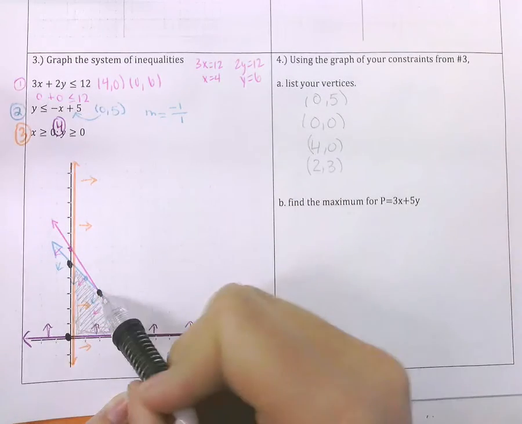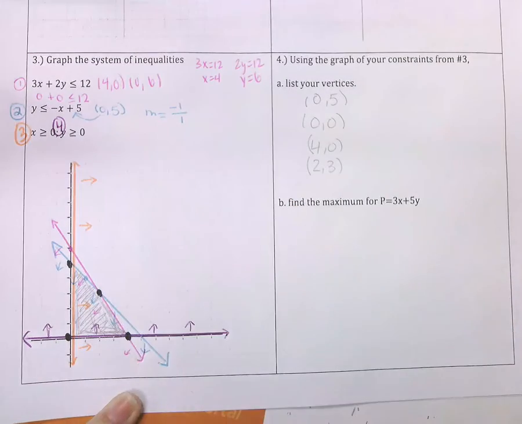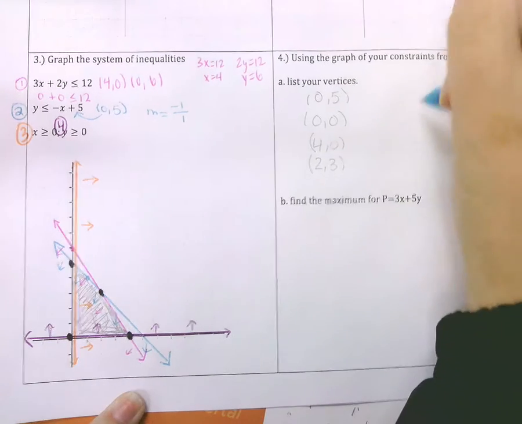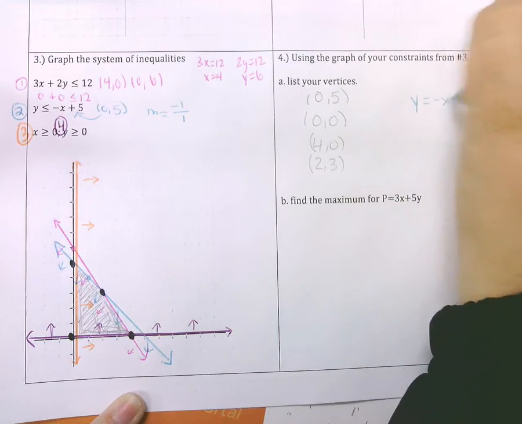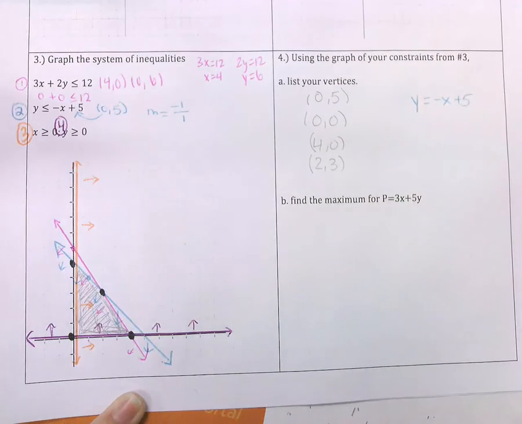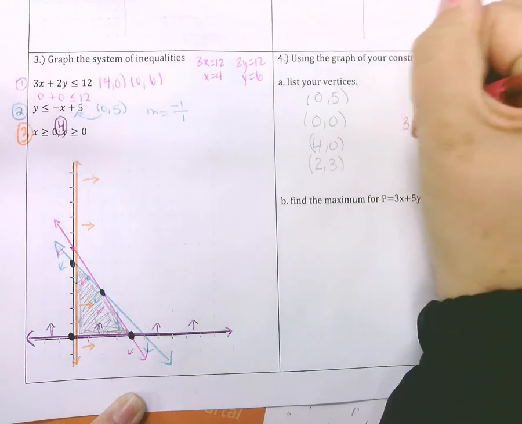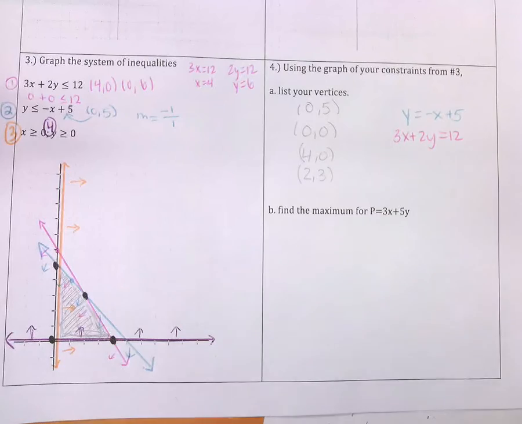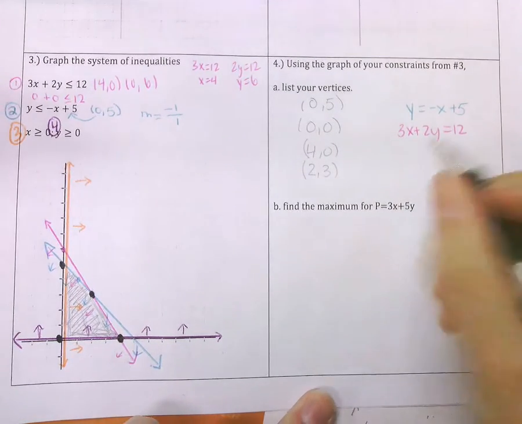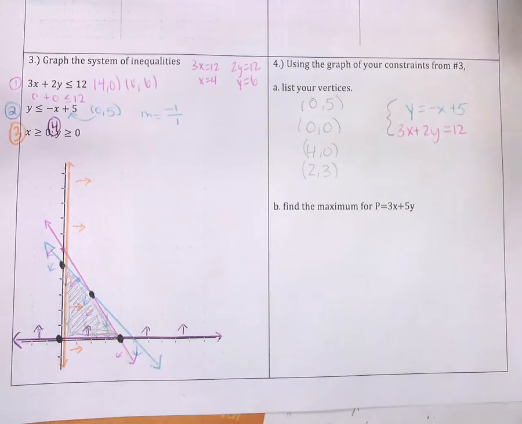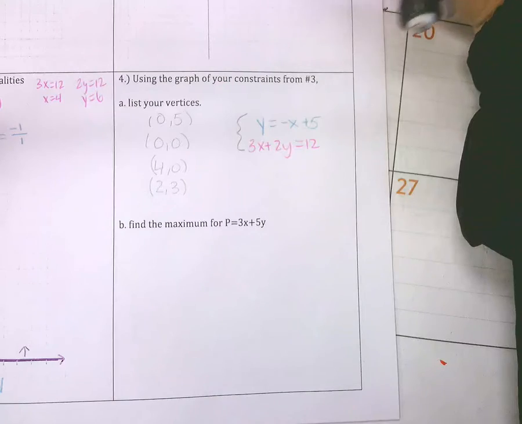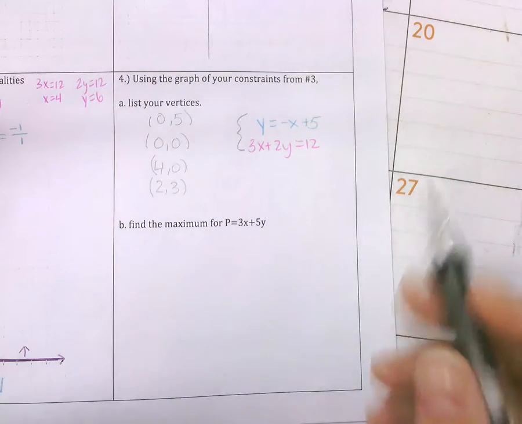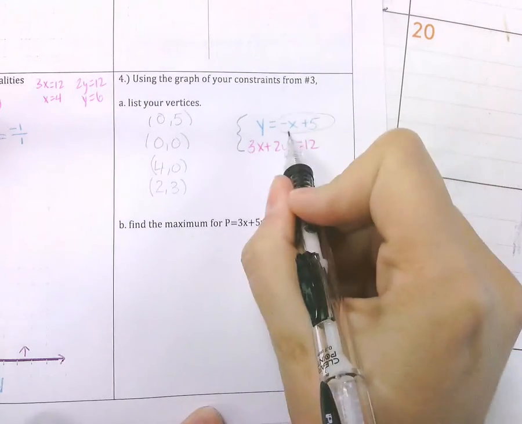If you can't tell where the pink and the blue are intersecting, then you would take your blue line and your pink line without the inequalities, and you would solve using either substitution or elimination. This one would be easier to solve using substitution.